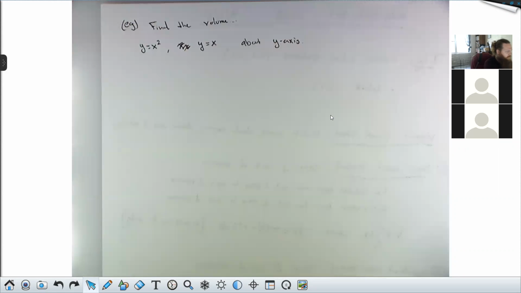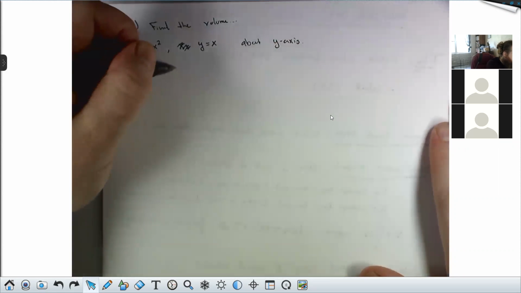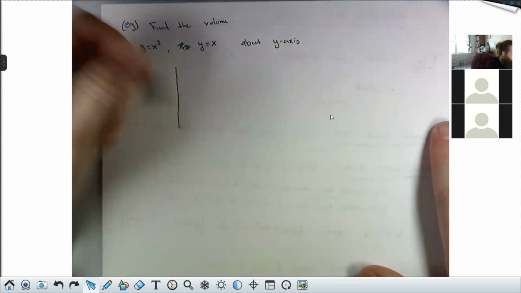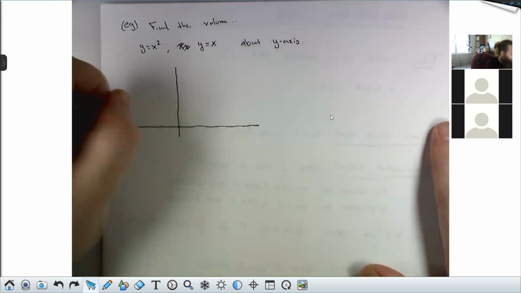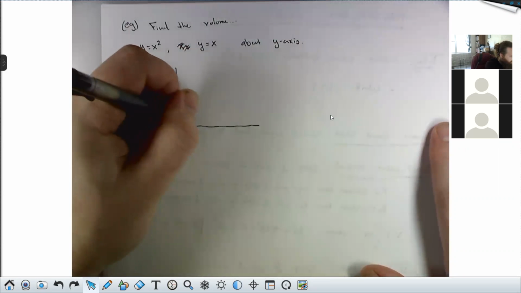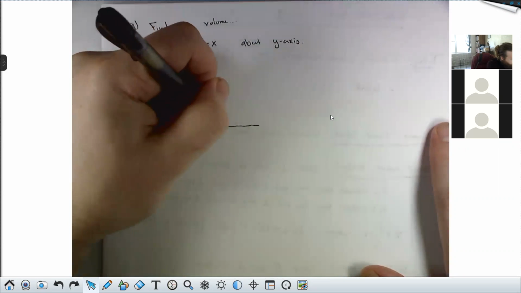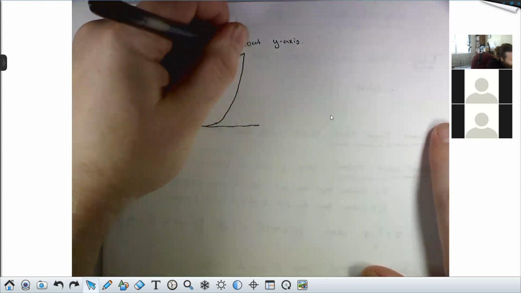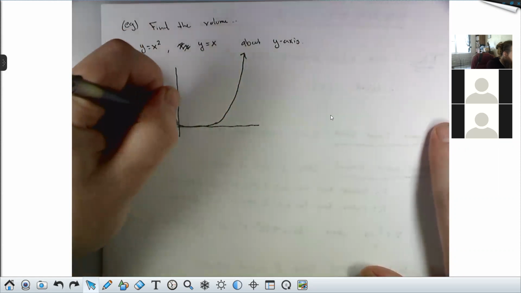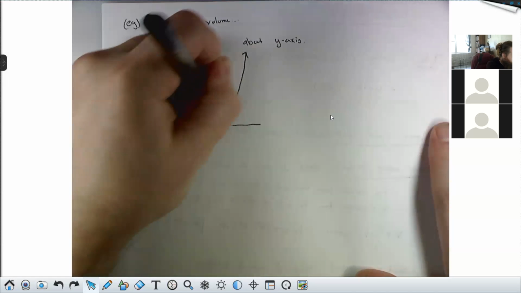These two boundary curves we've used a lot, so I should probably be pretty comfortable drawing this at this point. And I think this exact problem we have worked out using the washer method in the past.